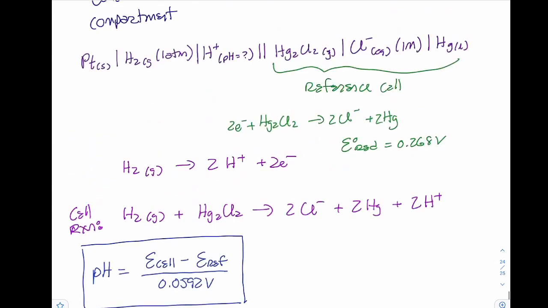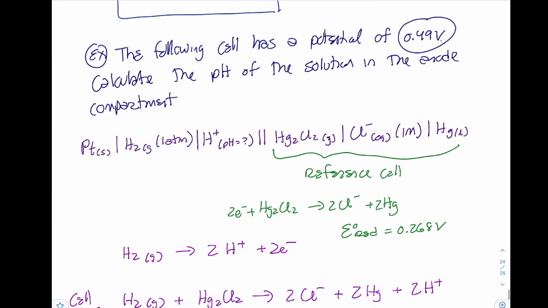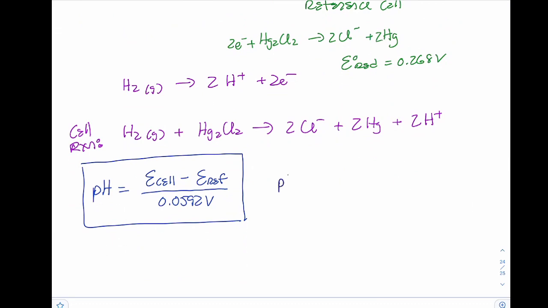So my cell, 0.49 volts. My reference, 0.268 volts. Divided by 0.592 volts. We end up with volts divided by volts. My units go away, which is what we want because we know we don't have units on pH.